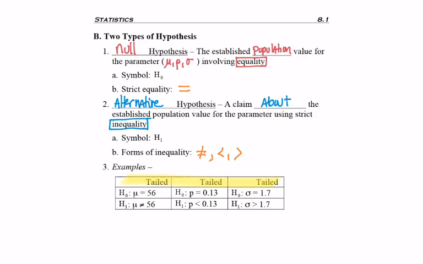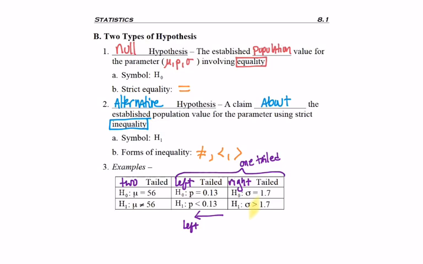And then the other thing is to talk about tailed tests. So this first type, when we have equal and not equal to, is a two-tailed test. When we have equal to and less than, we'll have a left-tailed test. And when we have equal to and greater than, we will have a right-tailed test. Oh, sorry, these are one-tailed tests. The way you can remember it is to think of the less than symbol as a left arrow, so it's a left-tailed test.